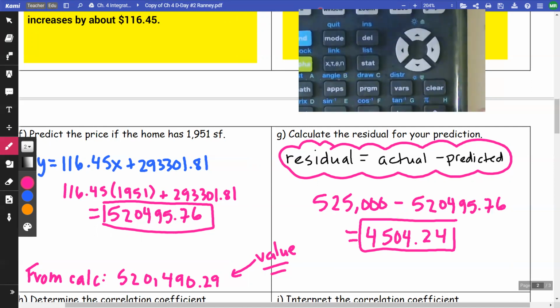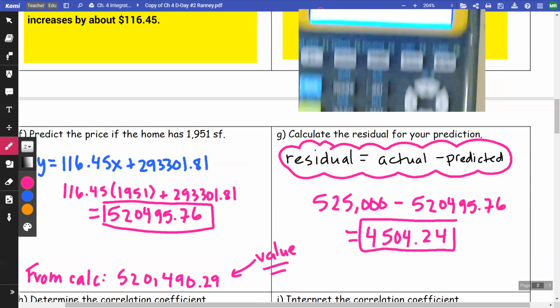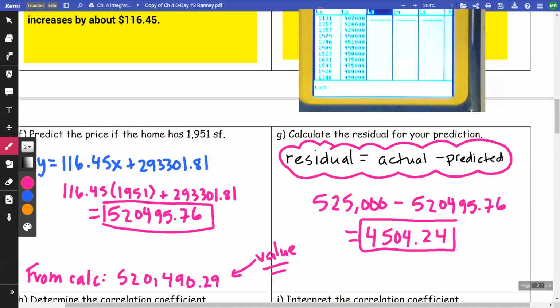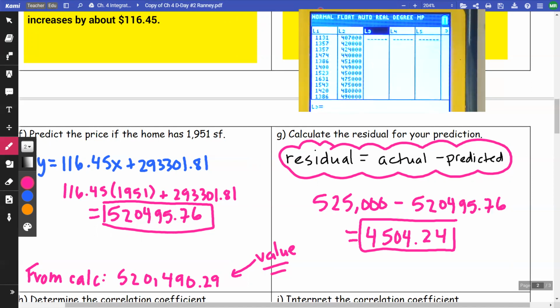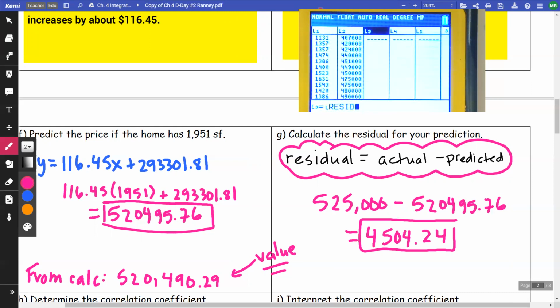So when I'm sitting on L3, I press second and stat for list, then press number 7. Now, if you did not save your equation, you're not going to see residual as a choice, if you didn't store it.